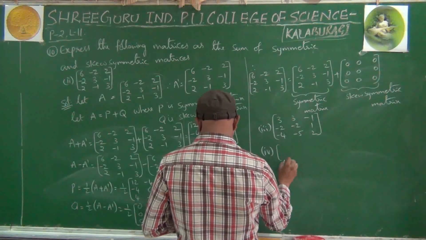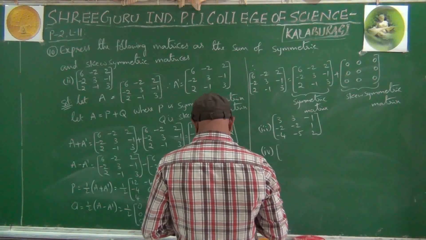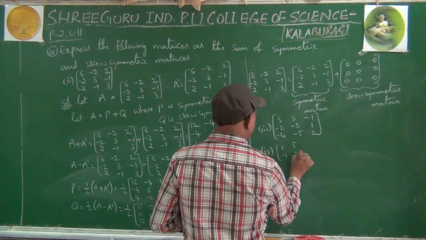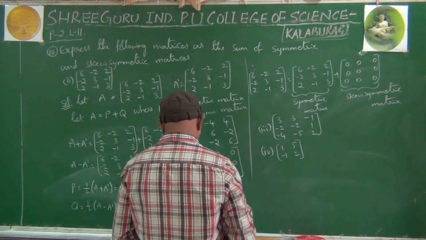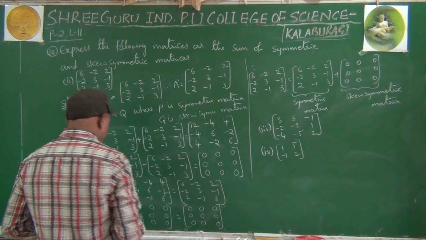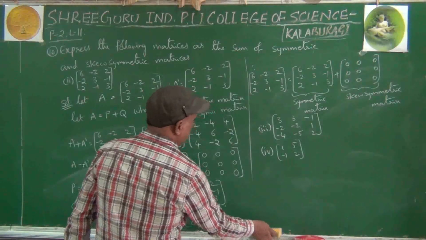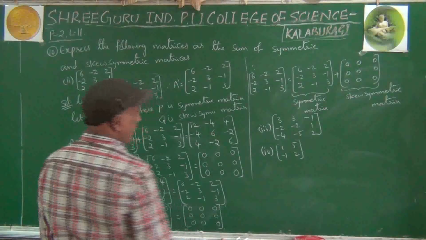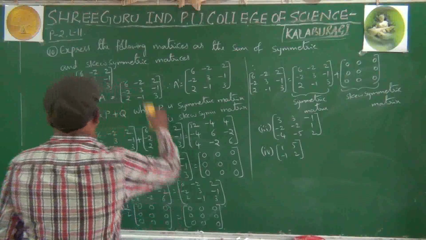And the fourth one: 1, 5, -1; 2. Those are the questions you have to solve as homework, those two, with the same method. Right?